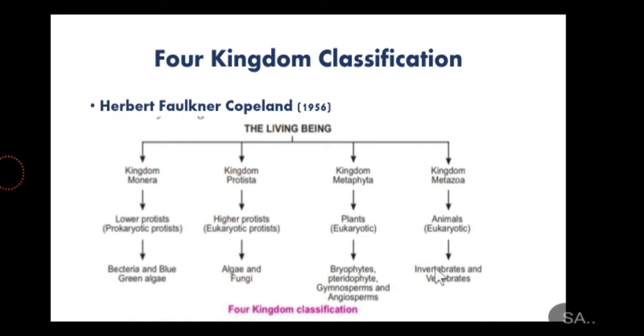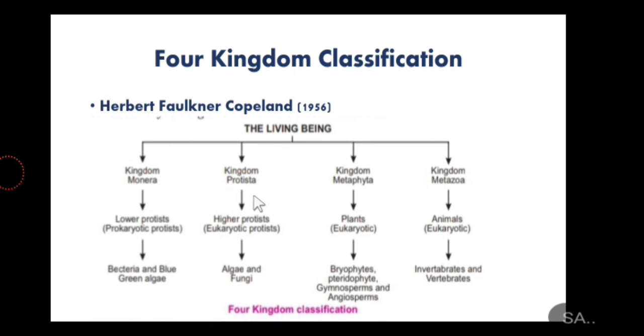Later, Herbert Faulkner Copeland in 1956 divided the living beings into four kingdoms: kingdom Monera, that was a new one, kingdom Protista, kingdom Metaphyta, and kingdom Metazoa. So kingdom Monera included all the lower protists, those protists that were prokaryotes, and they included bacteria and blue-green algae.